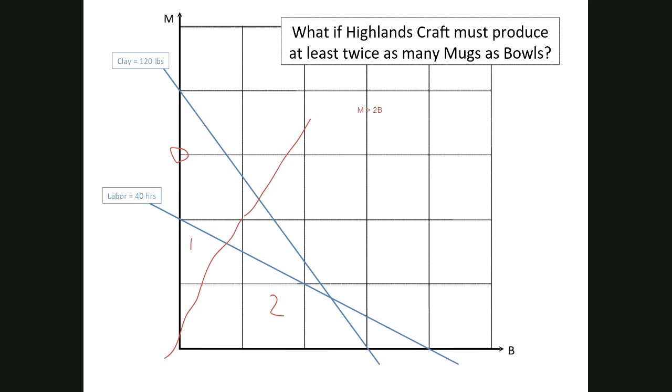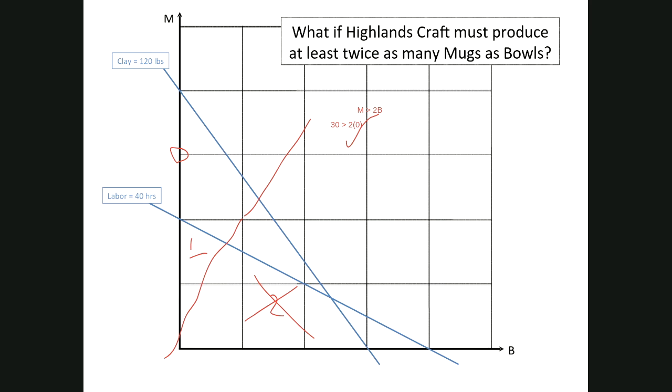And so it does, in fact, satisfy the constraint. So we know that this triangle, section 1, satisfies the constraint, and section 2 does not.